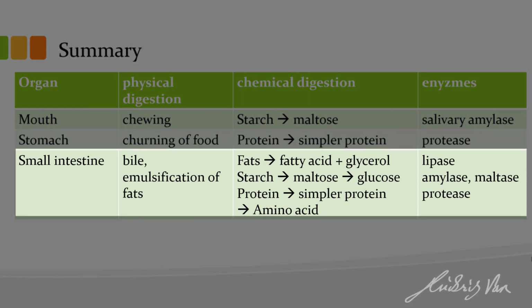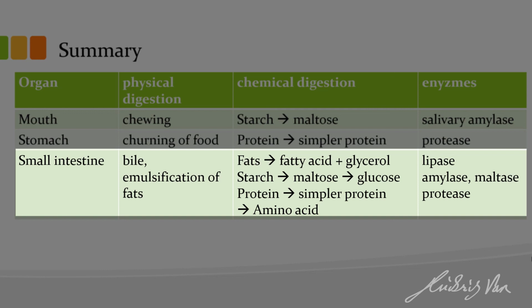Finally, the food will enter the small intestine, whereby the bile, which is released by the liver, will emulsify the fats. So this will allow fats to have greater surface area for the enzyme lipase to add on.